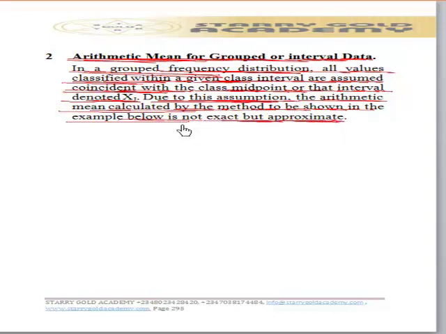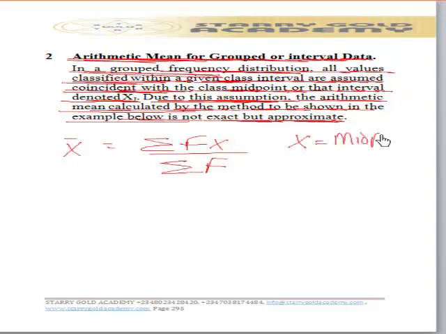But in a simple sentence, if we are given such a situation, where our statistical data is given in form of grouped or interval data, then we still have our arithmetic mean computed as we have done recently, which is summation fx all over summation f. Only that our x here will represent the midpoint of the class interval given.